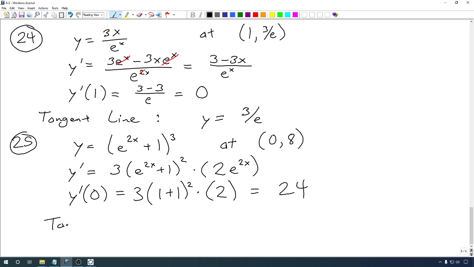That means our tangent line. Well, normally we'd have to go ahead and use the point slope form, but since our x value is 0, this is actually the y-intercept anyways, so we might as well just go ahead and use the slope-intercept form. We have y is equal to our slope, 24 times x, plus our y-intercept of 8.